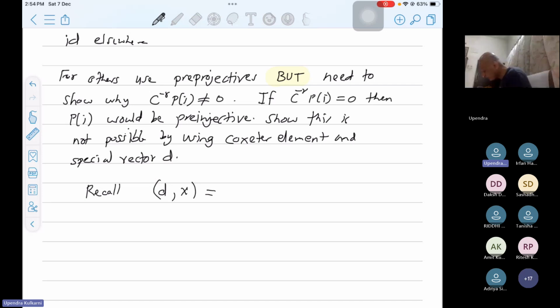That means D along with any vector is 0. All right. Now what we show is that there is another form which is not symmetric, so this form is not going to be symmetric. Euler form.